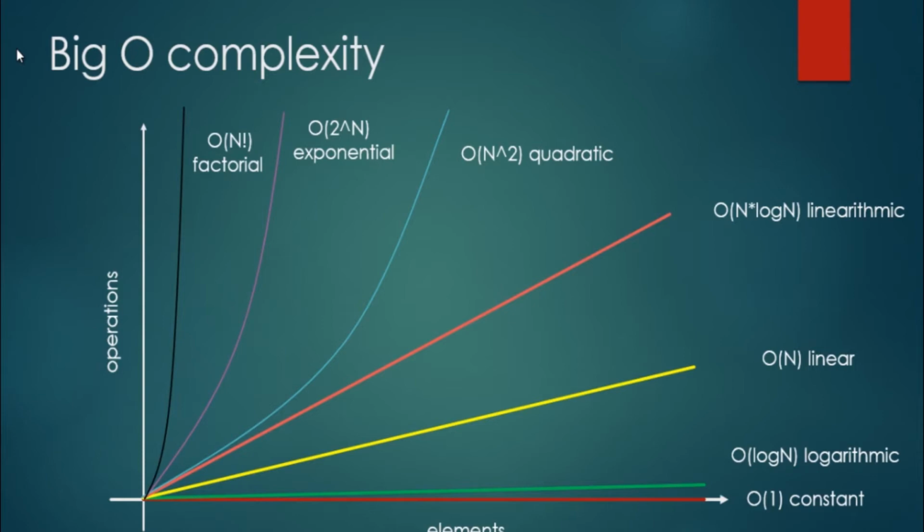It's not as efficient as linear time complexity, but it's much better than quadratic or exponential algorithms. The next one is quadratic. For example, bubble sort has quadratic time complexity, O(n squared). Then exponential is definitely not efficient, and factorial is the worst case scenario.